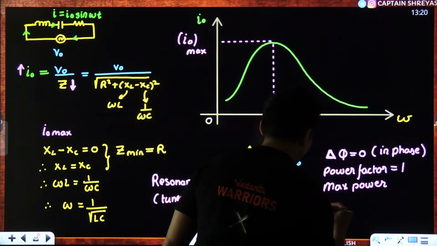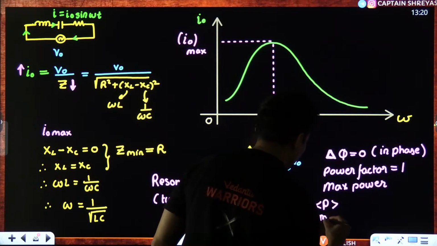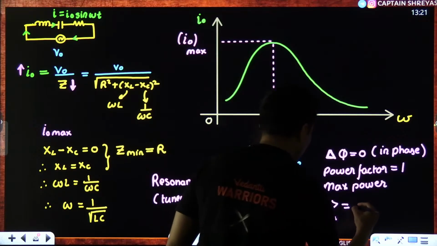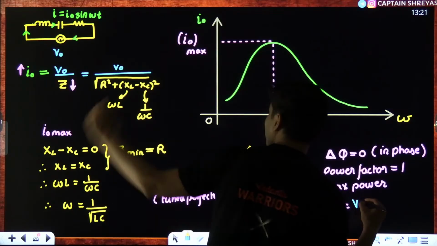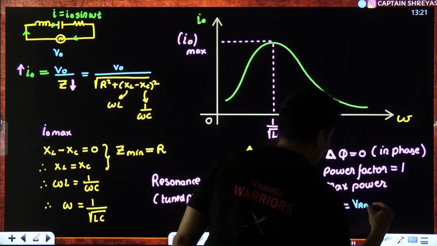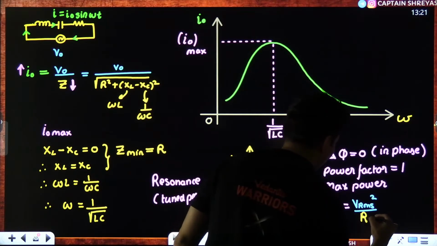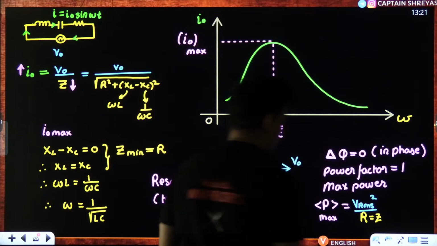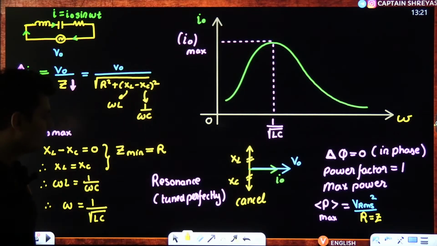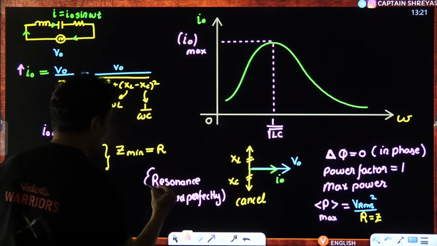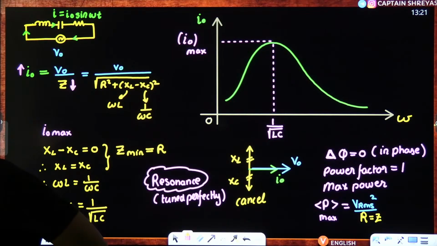So the power consumed, which will be maximum, will be Vrms square divided by R only, because R will be equal to your Z. Keep that in mind. So all these things are regarding your property of resonance. Keep this in mind. Perfect.